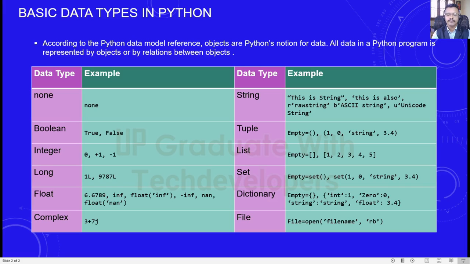So files can be of different types. The text files are read in the form of binary using the command open, then the file name, and then how to read. In the form of binary we use the code rb.